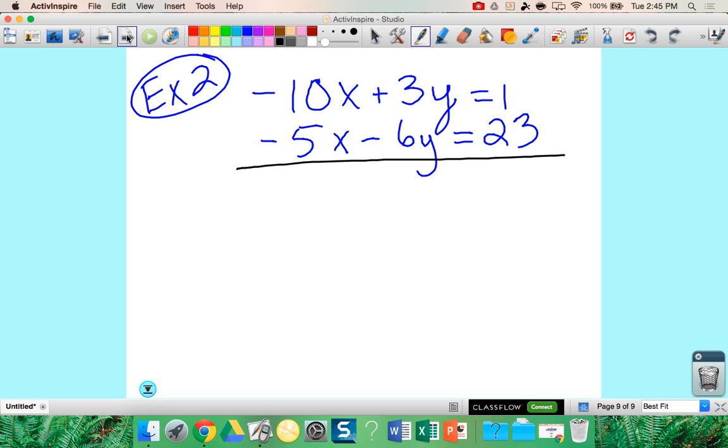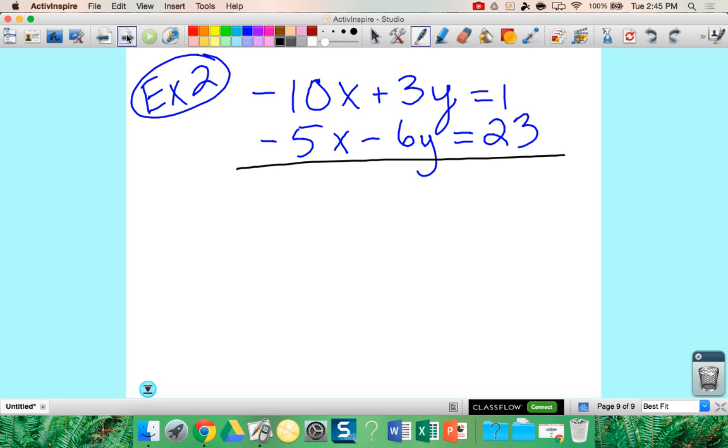The same number, different signs. So if you're looking at the x terms, is negative 10 and negative 5, are those opposites? Are they the same number? No. Okay. What about the 3 and the negative 6? Are those opposites of each other?